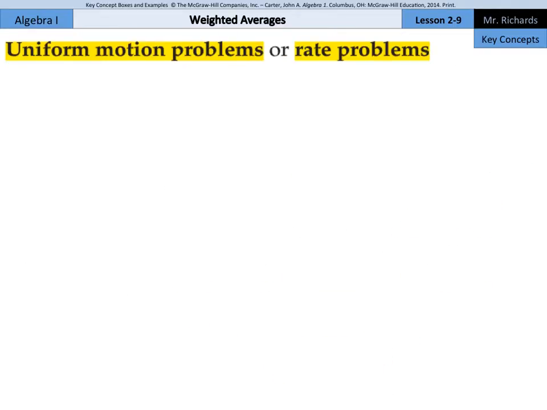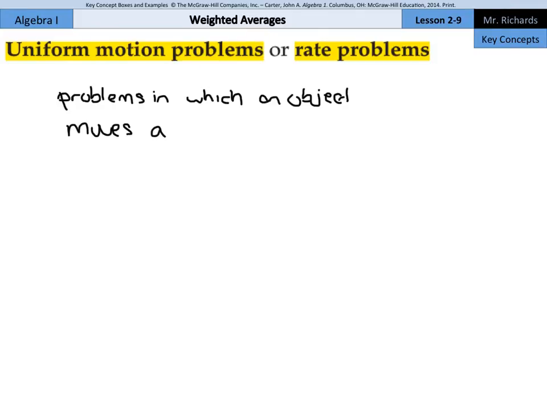Next, we have uniform motion problems, and these are problems in which an object moves at a certain speed or rate.